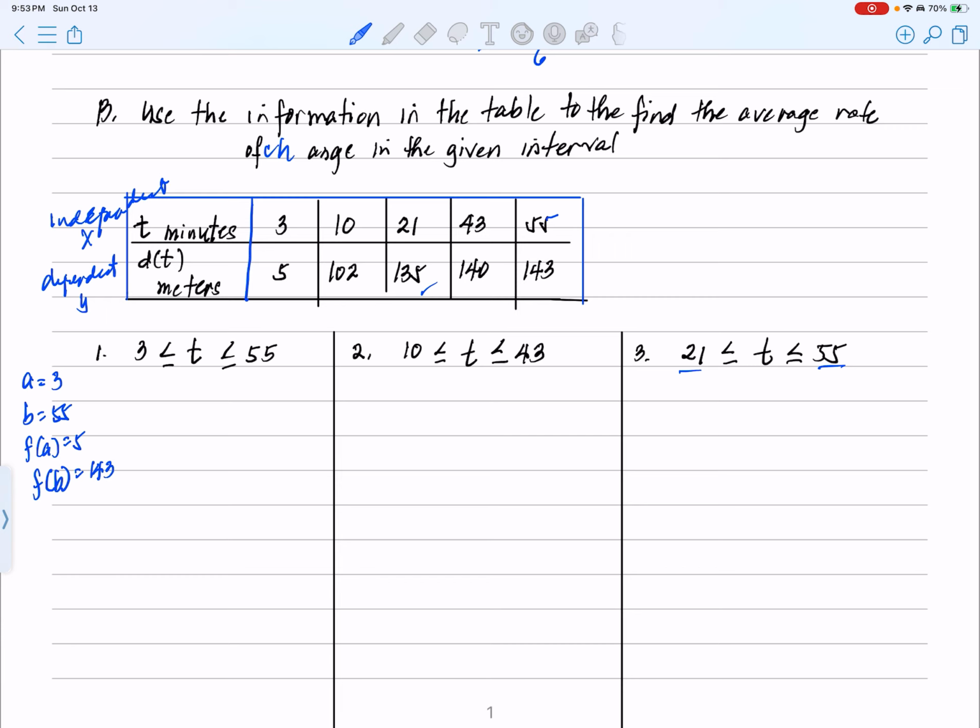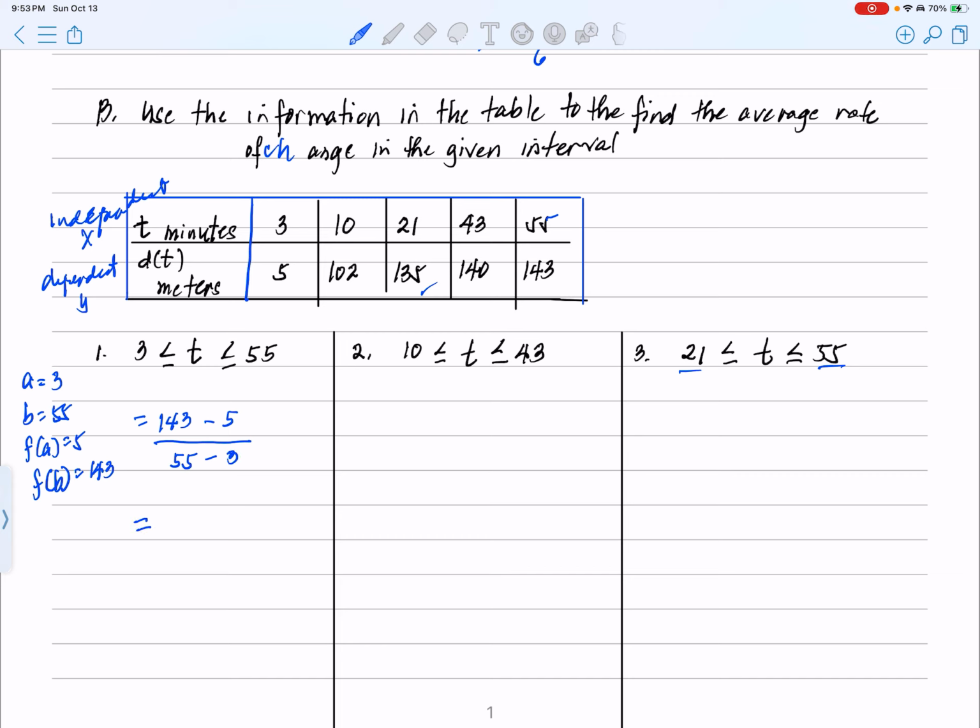Right? So you can now use the formula: f of B, which is 143, minus f of A, which is 5, over B, 55, minus A, which is 3.